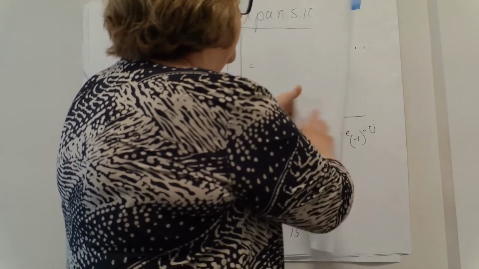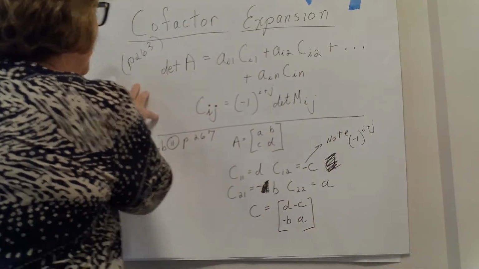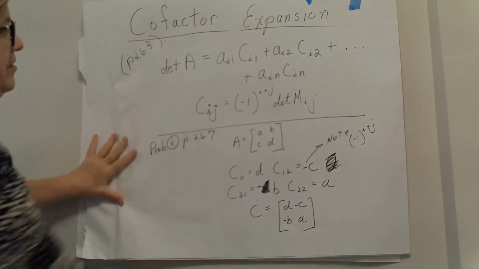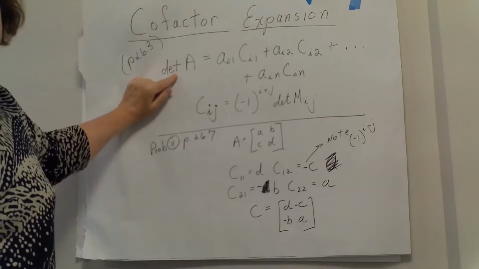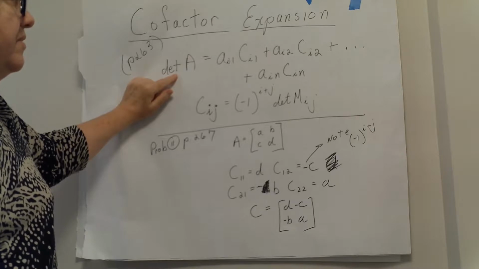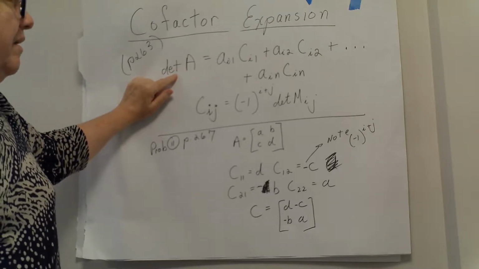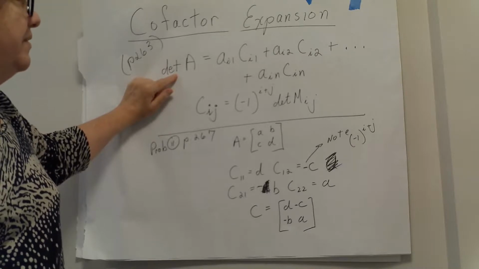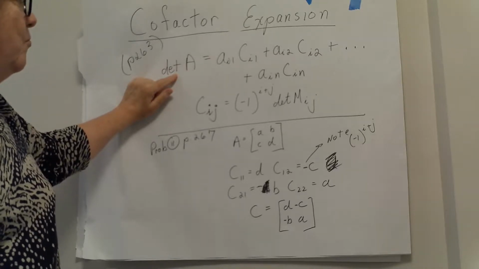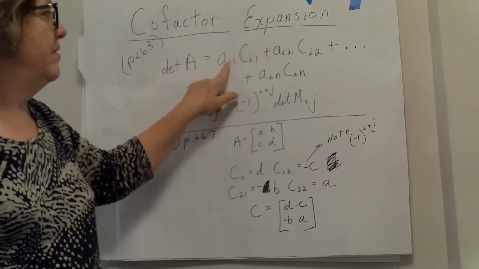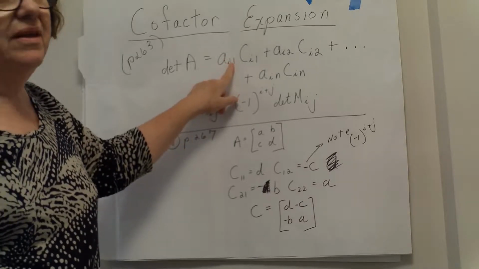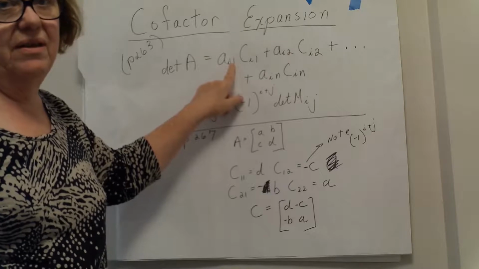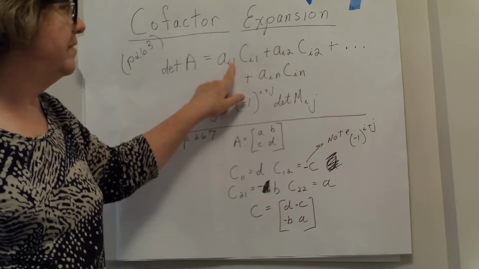So let me put exactly how we write out the cofactor expansion. So we have an n by n matrix, a square n by n matrix. To determine the determinant, we take the ith row. It turns out you can take any row. It doesn't have to be the first row. It can be any row.